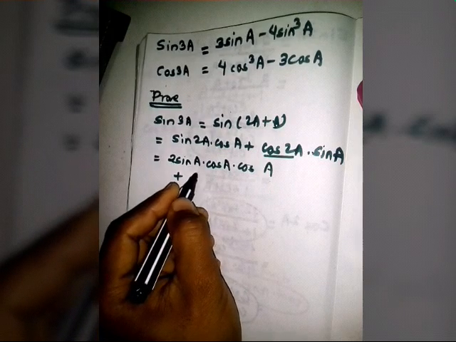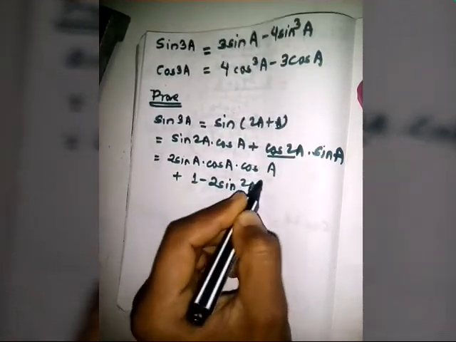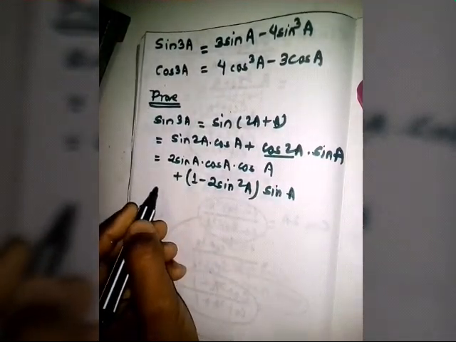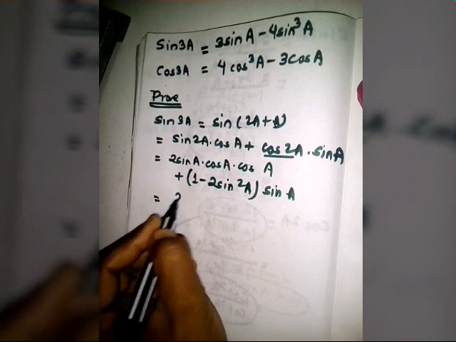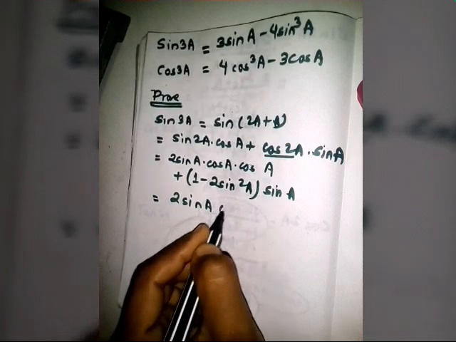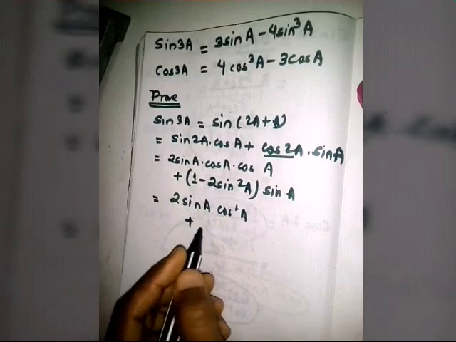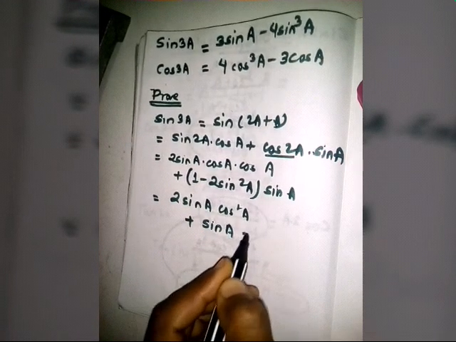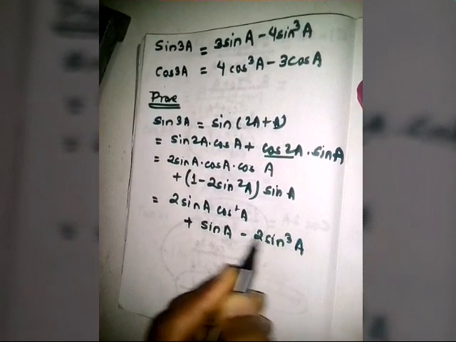So the formula is 1 minus 2 sine square a, multiplied by sine a. Now if you do the multiplication, this will be 2 sine a into cos square a, plus, if you open the bracket, sine a minus 2 sine cube a.